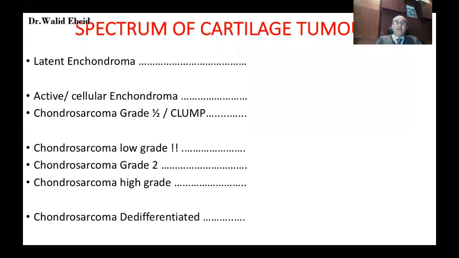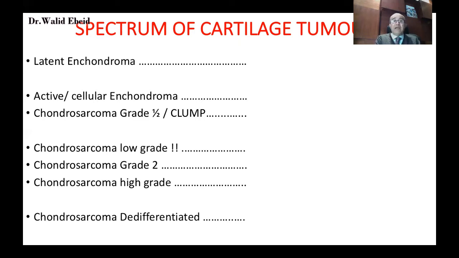We have to know that there is a big spectrum of cartilage tumors, and these are one of the tumor groups where the grade differs very much in the management.